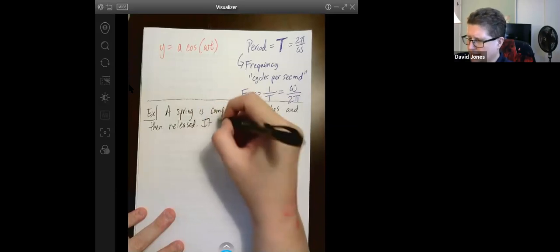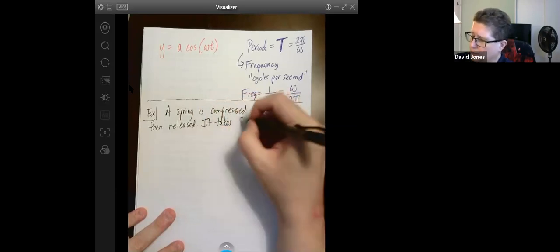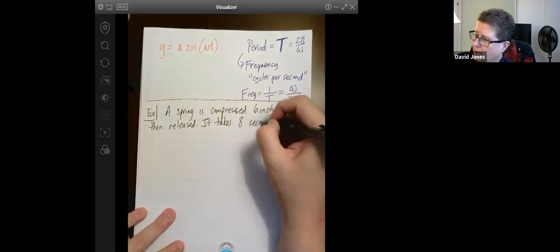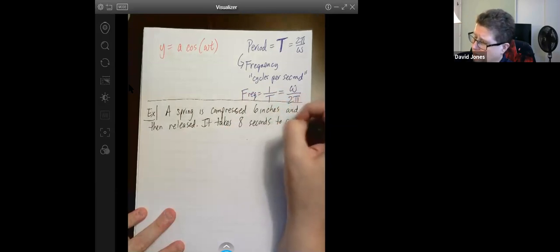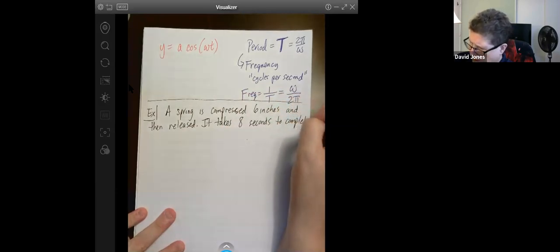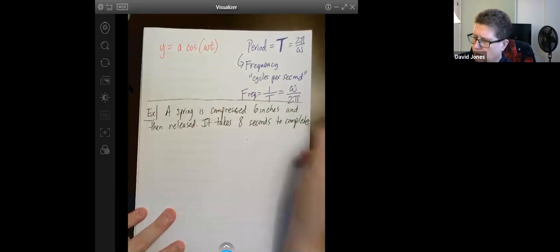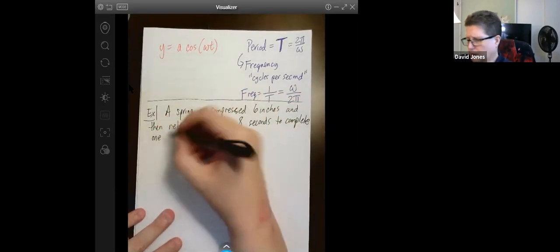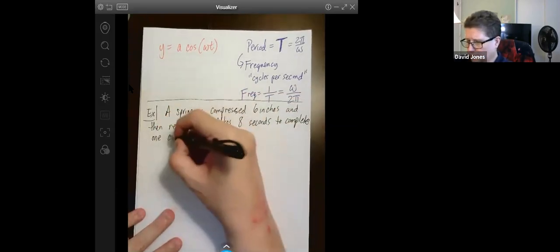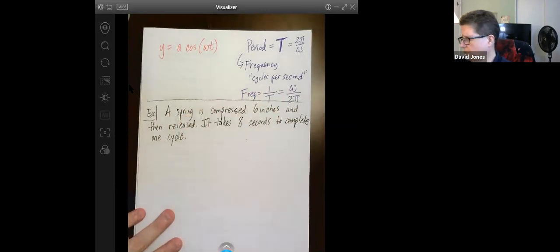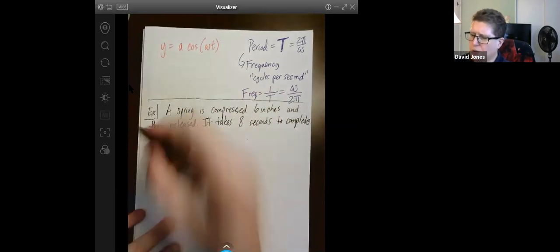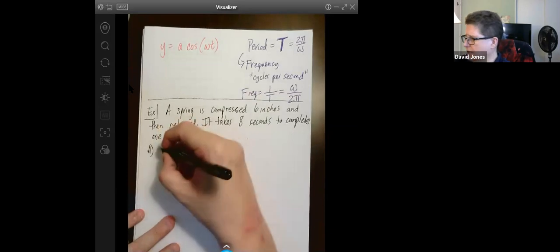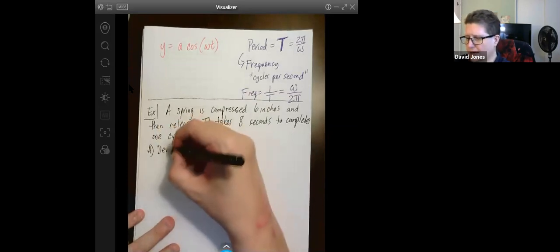It takes 8 seconds to complete 1 cycle. And what we want to do is develop an equation that models this behavior.